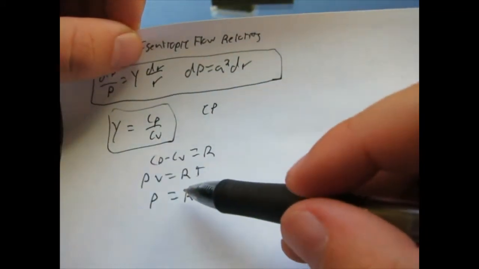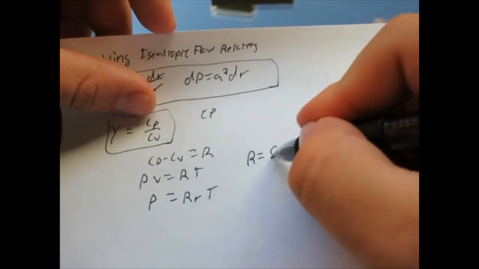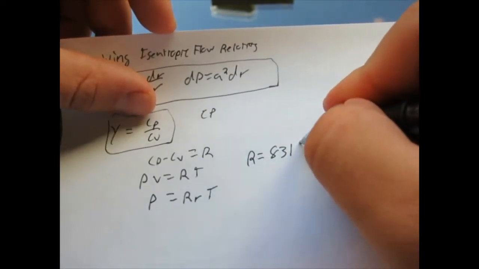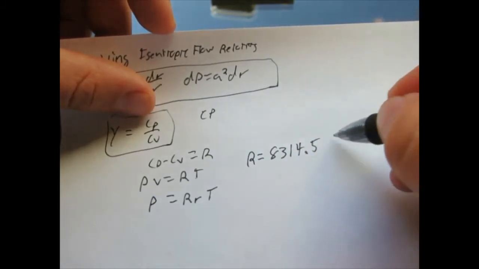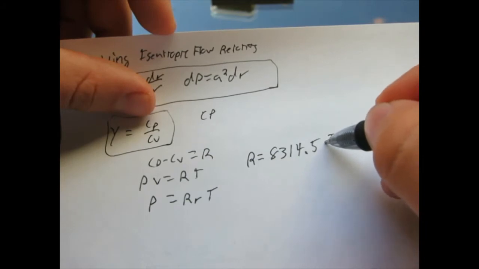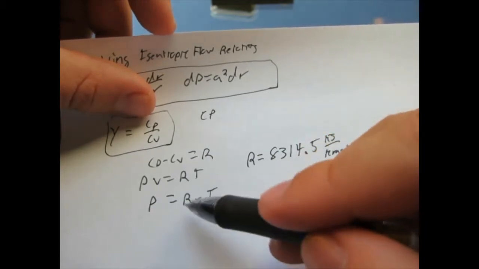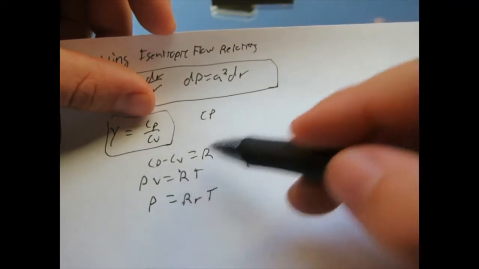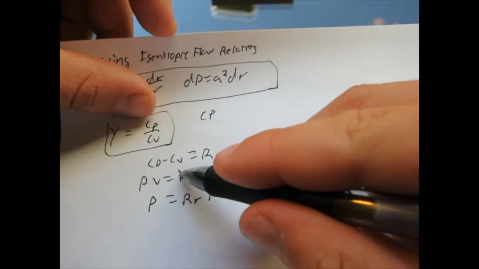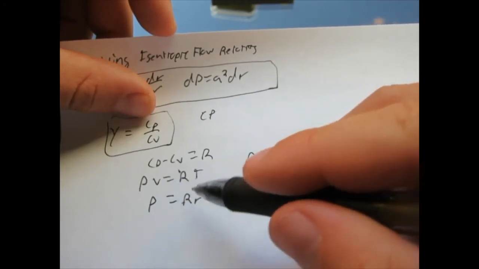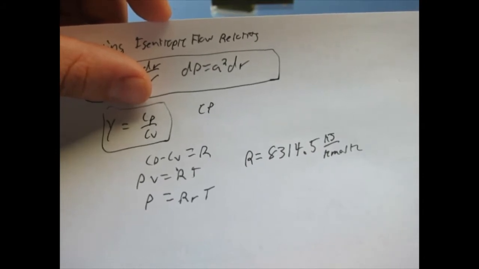Okay, and this R, so it gets confusing. Sometimes it'll be an R which could equal 8,314.5, with units like joules, maybe kilojoules per kilomole Kelvin. But this R that we're going to use here isn't the universal gas constant. This is the specific gas constant for a certain gas.